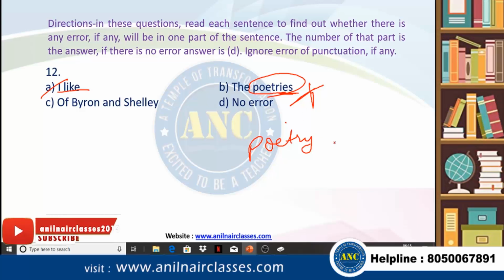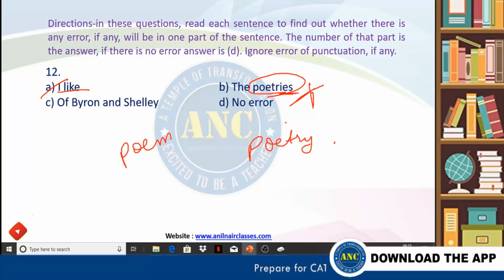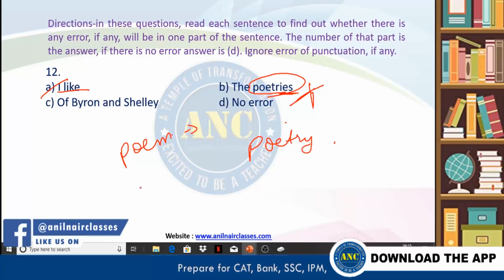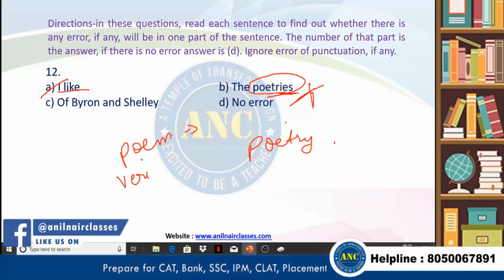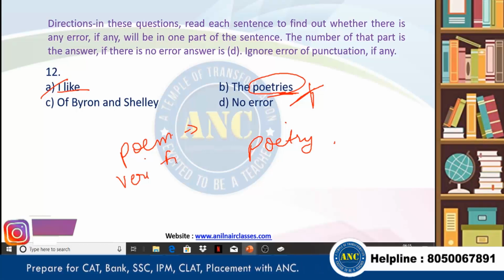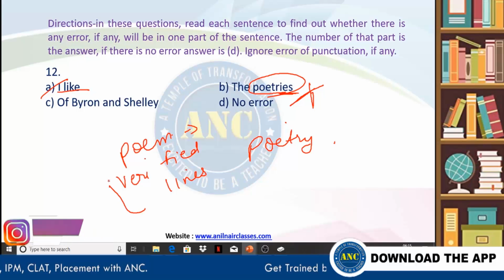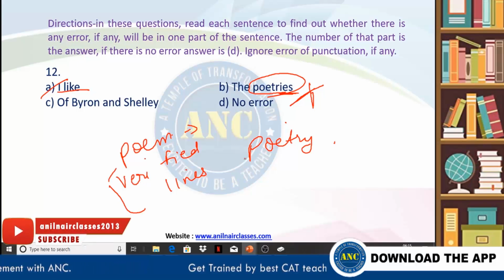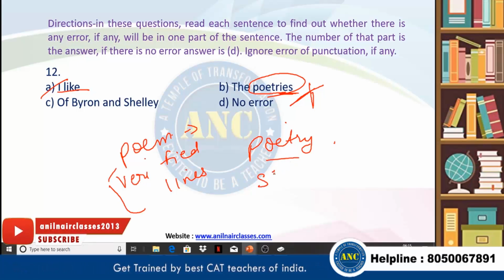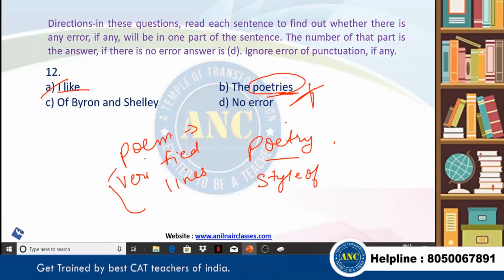You have poem and poems. Poem is the versified lines that somebody writes. Those lines are called poems. But poetry is a style of writing.